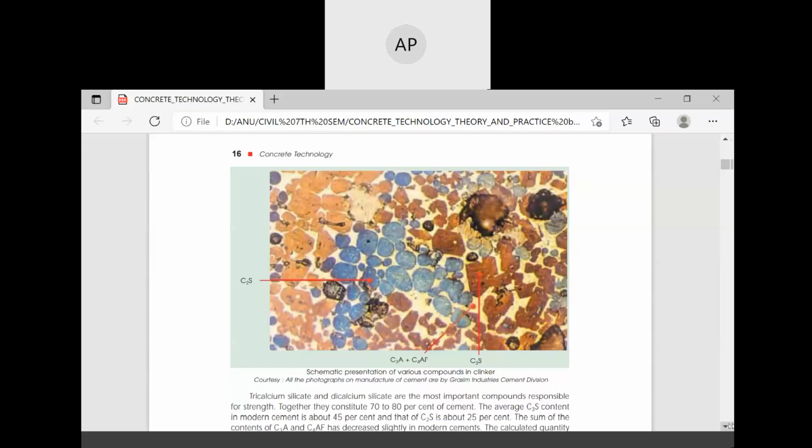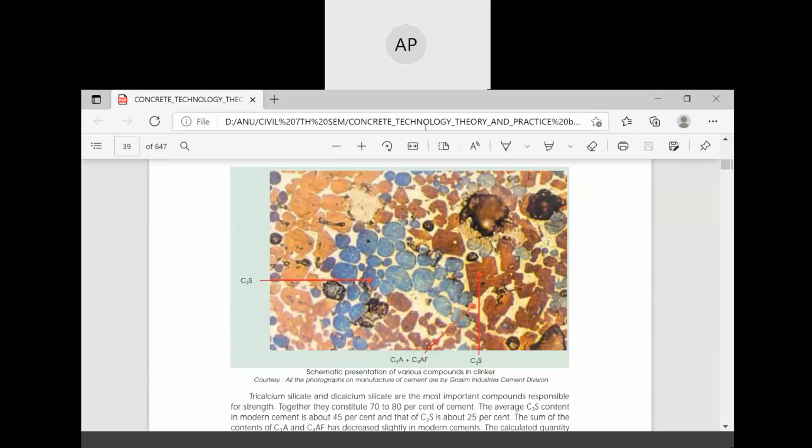So, in the diagram, you can see there is a schematic presentation of various compounds in clinker in the manufacture of cement. Okay, these blue colored compounds are C2S.